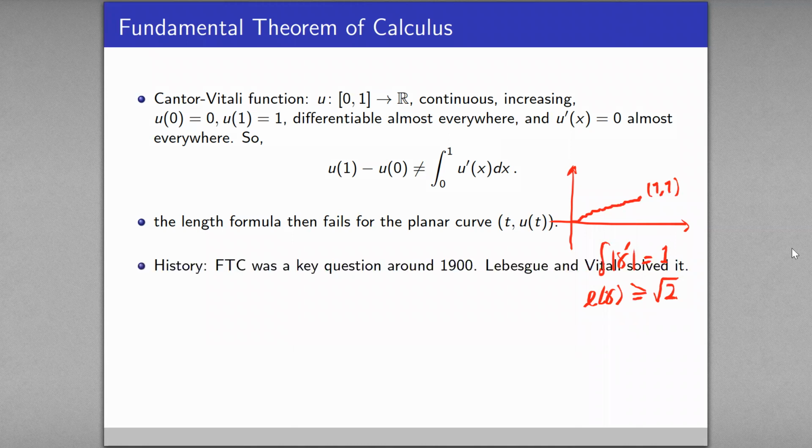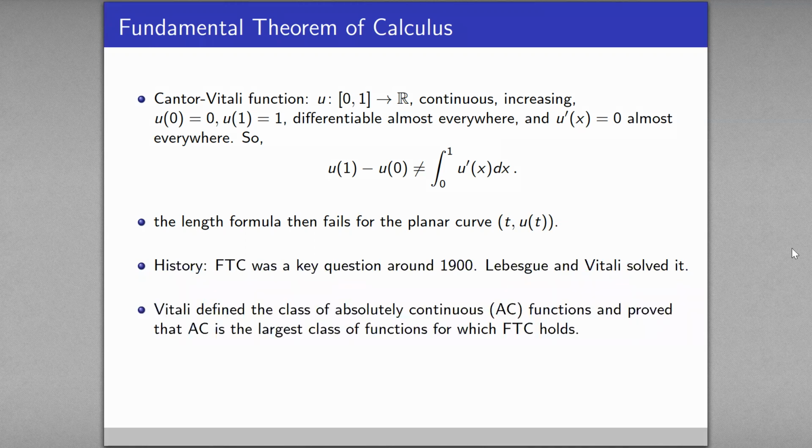Okay, so we have to deal with the question of when the fundamental theorem of calculus actually holds. And that was a very important question around the 1900s. Lebesgue came up with some condition, but Vitali came up with a more elegant way of stating those conditions and a definition. What he did was he defined the class of so-called absolutely continuous functions, which I will denote with AC.